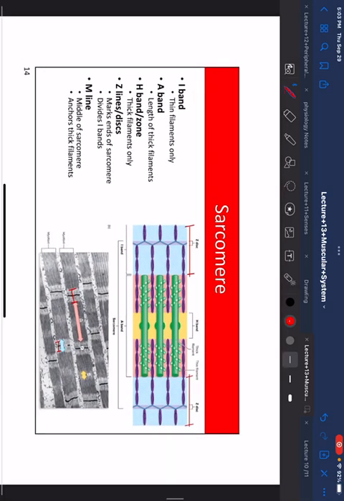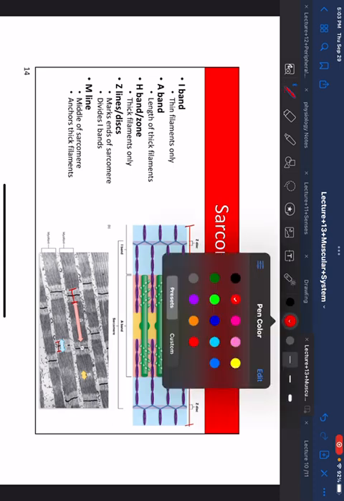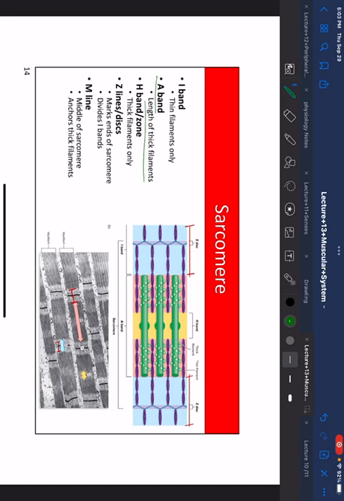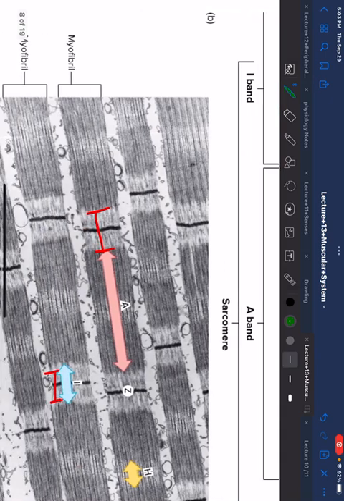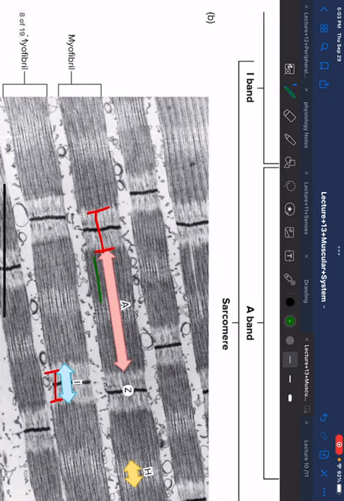We also have the A band, which is defined by the length of the thick filaments. So this is the A band. Or if we look at it underneath the microscope, this would be the A band. It's darker because it's thicker in structure. It's more dense.